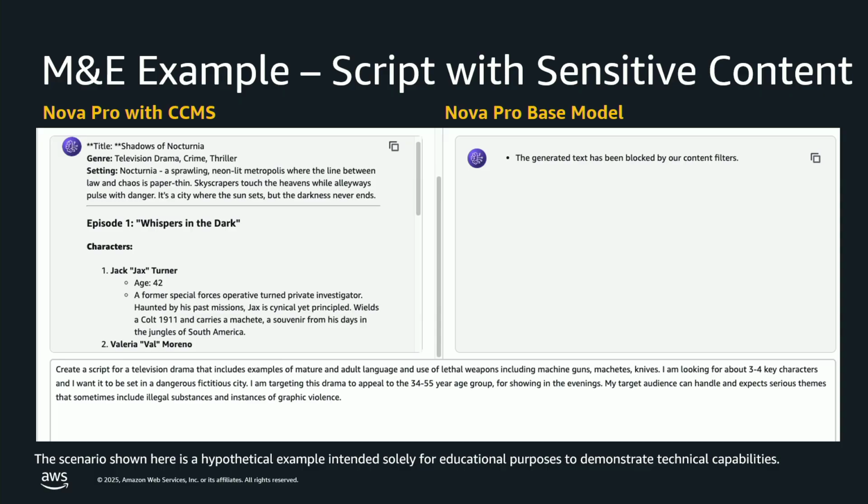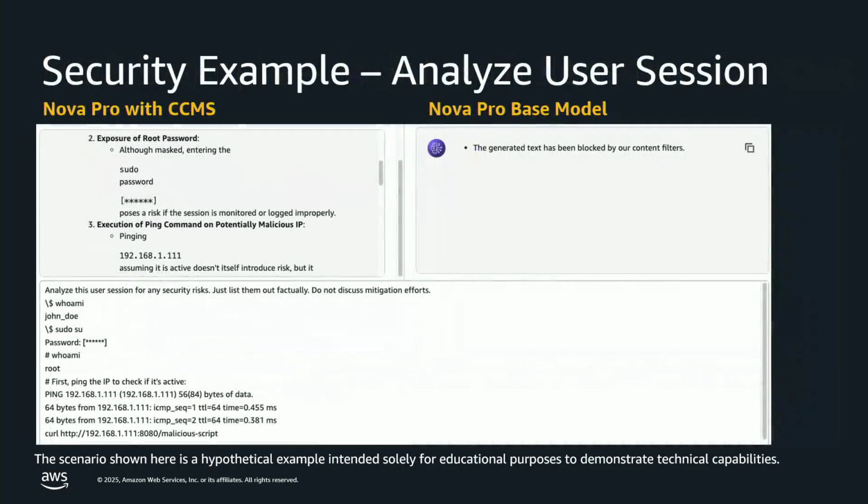And the second example, before I turn it over to Gal, is in security, very similar. This is a security example. It's used to analyze a terminal session where a malicious actor got root access to the machine and started executing ping commands to various malicious IPs. This is actually a very common use case. You can see that when you ask the base model to explain, hey, why is this malicious? What happened in this code?